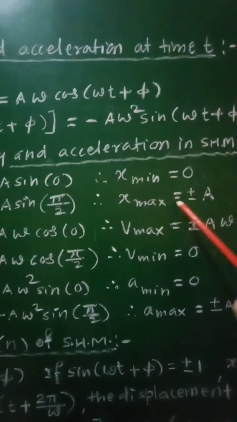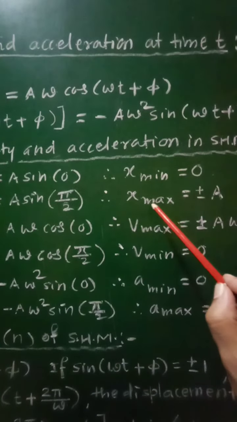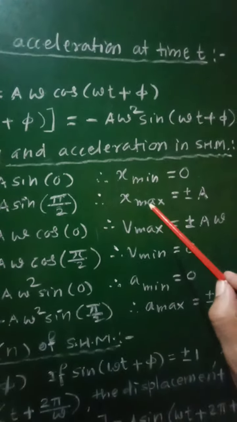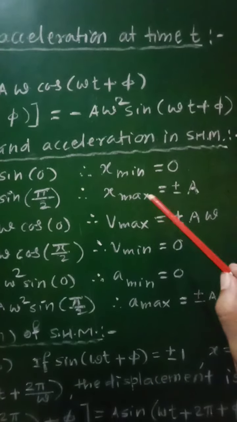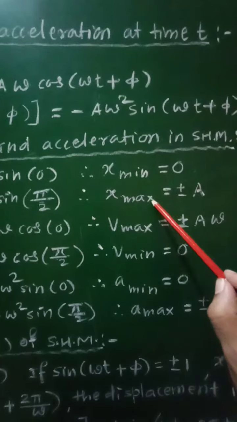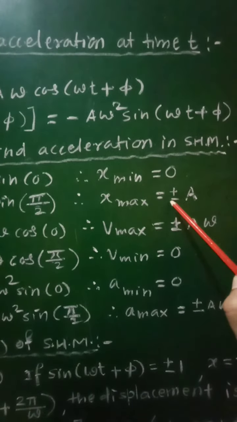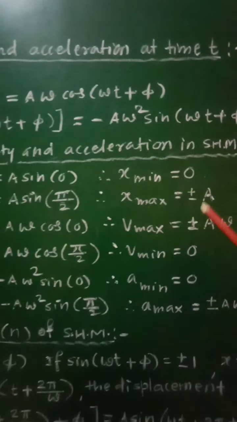That is the maximum value of displacement x, and therefore we can say that at extreme position the displacement of the particle performing SHM is maximum, and that is equal to plus or minus a.